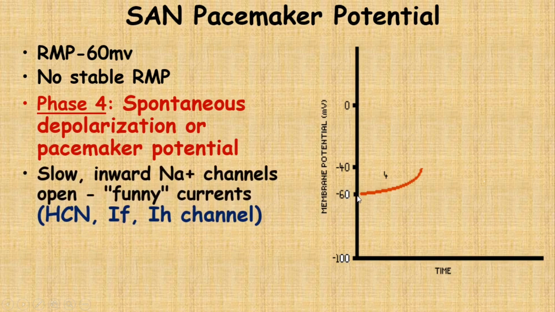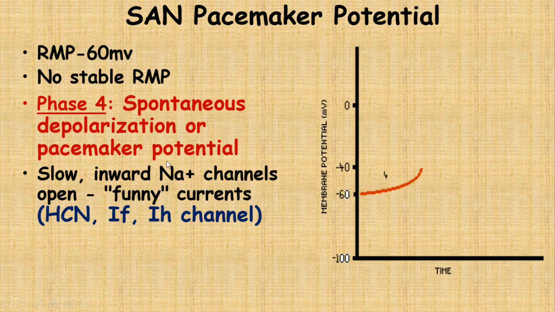There are two reasons why there is a slow spontaneous depolarization. At the end of this action potential at minus 60, one change occurs. The potassium channel which opened on repolarization gets closed at the level of minus 60. Along with the closure of the potassium channel, another channel opens, called the funny channel or funny current.